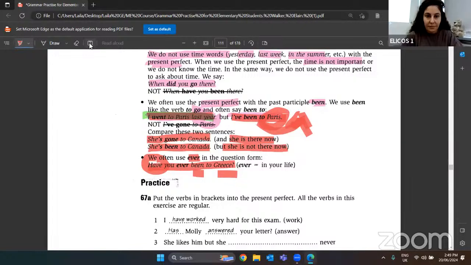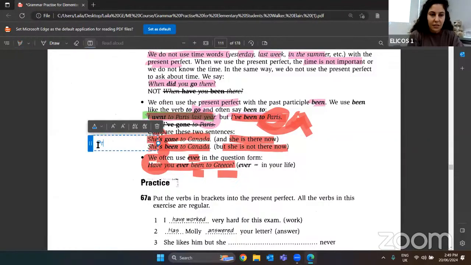It is also the present perfect because it has the verb to have. They're both present perfect, but one is just showing that she's not there anymore.